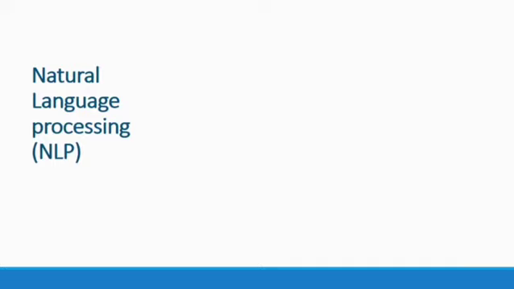Natural language processing. In our previous session, we have already seen, and now we know, what natural language processing is. Natural language means the language of humans, which we have already seen in our previous video.